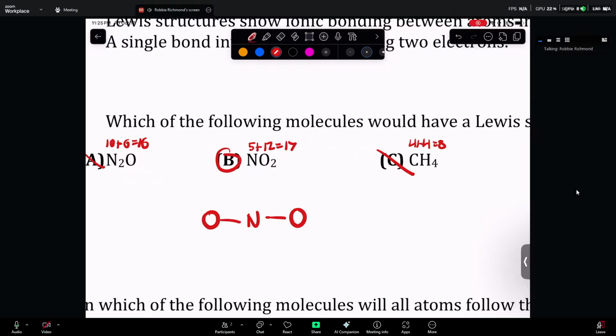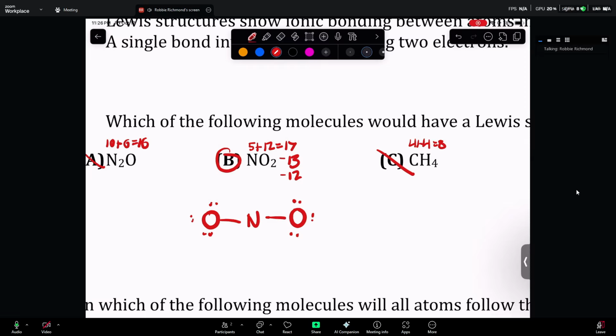this guy right here, we have 17 electrons to work with. We just use 4, so this should be 13. 1, 2, 3, 4, 5, 6. 1, 2, 3, 4, 5, 6. So that's 12.